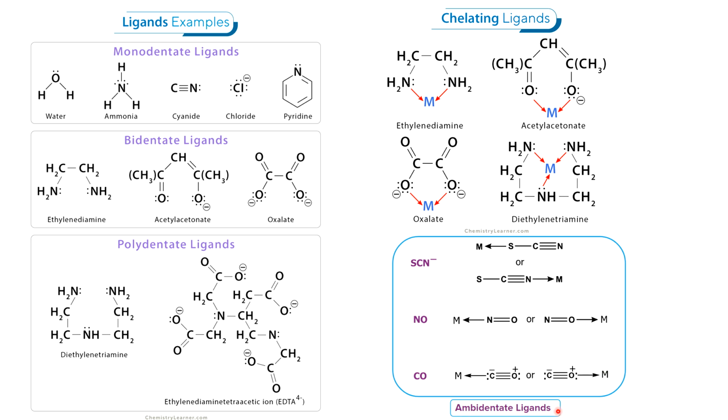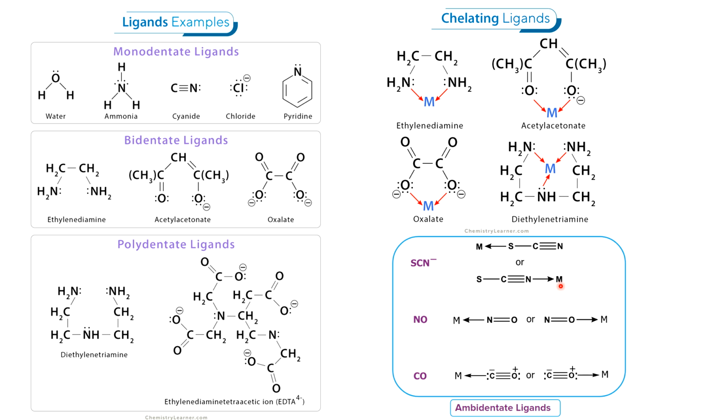An ambidentate ligand is a small ligand having two donor atoms, like SCN minus. Sulfur has a lone pair of electrons, and nitrogen also has one. There are two donor sites, but it cannot act as a bidentate ligand, because both cannot donate to the metal center at the same time. Either sulfur or nitrogen can donate.